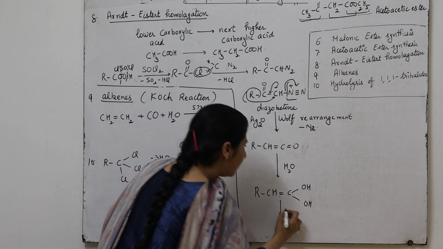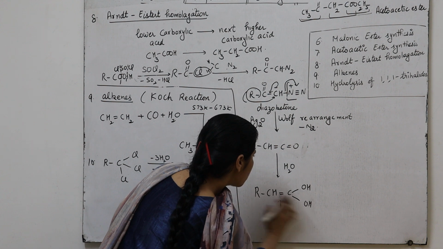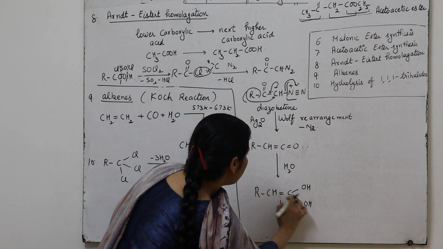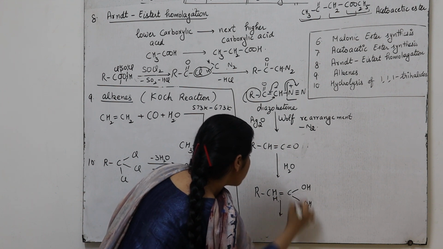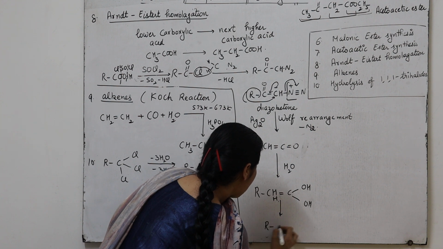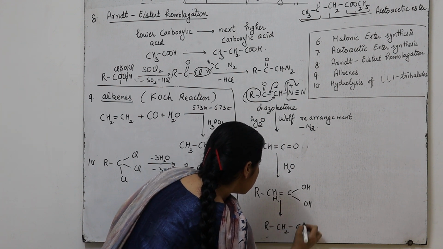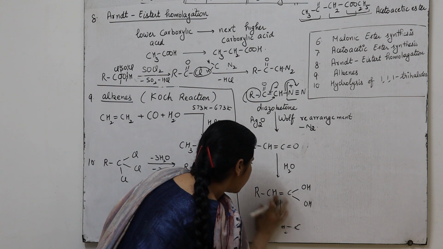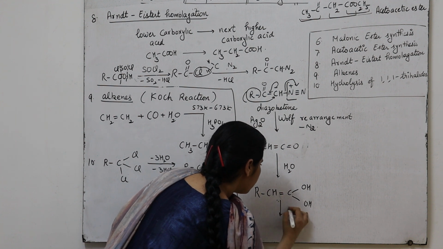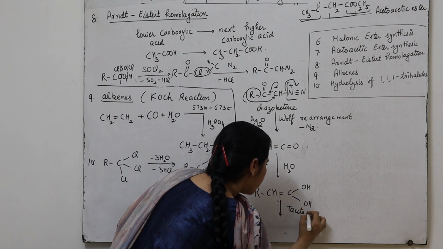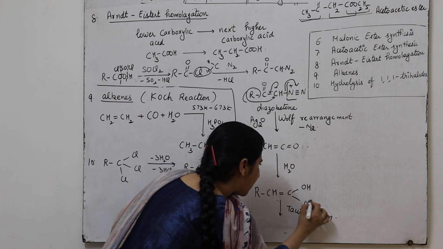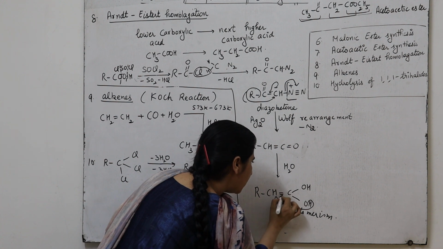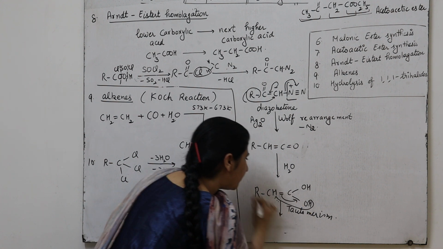And again there is a loss of water, HOH. So we get R, CH2, C, which undergoes tautomerism. Tautomerism means rearrangement in which the hydrogen shifts toward this carbon atom and there is a formation of a double bond.